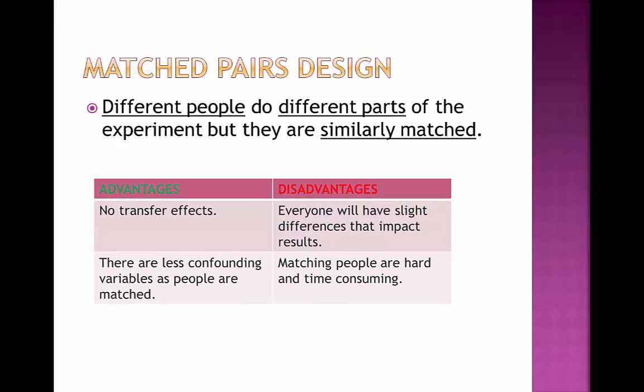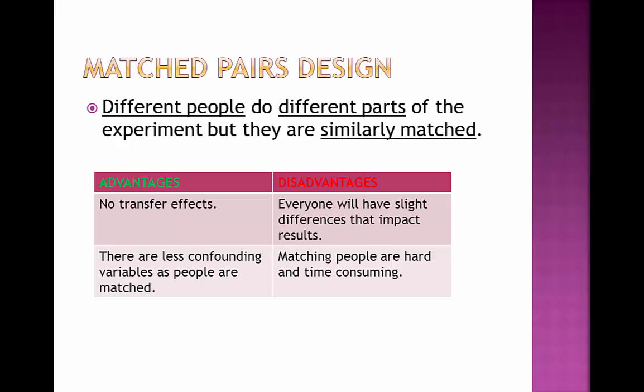So the advantages are that there are no transfer effects, and there are going to be fewer confounding variables compared to the independent groups design, because it's going to be easier to control the variable of the people being different. However, the disadvantage is clearly that everyone will have slight differences that impact the results, so it is not perfect.